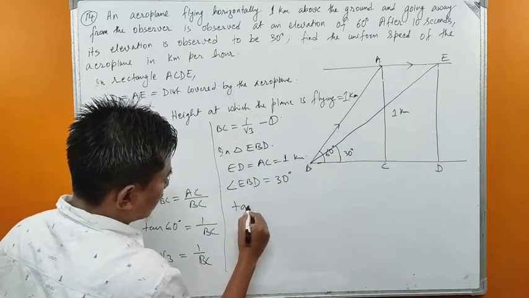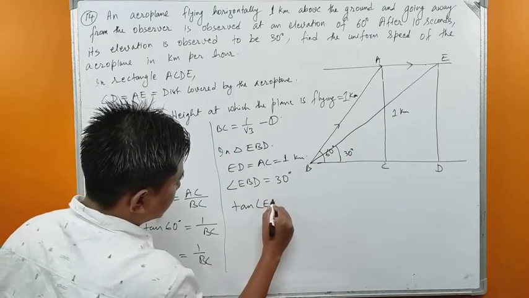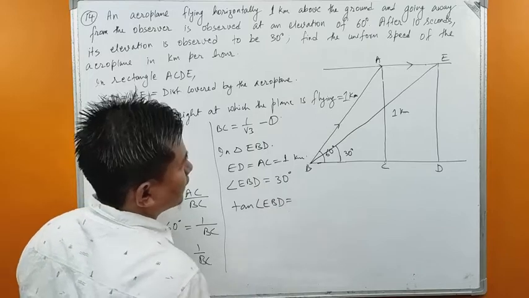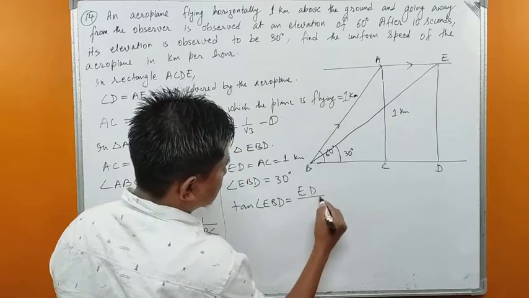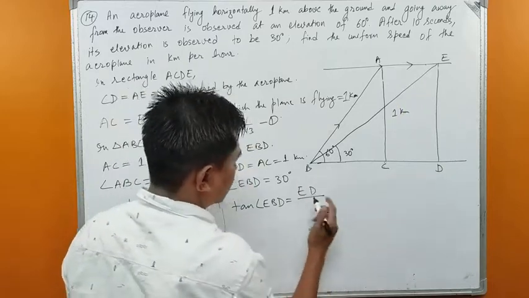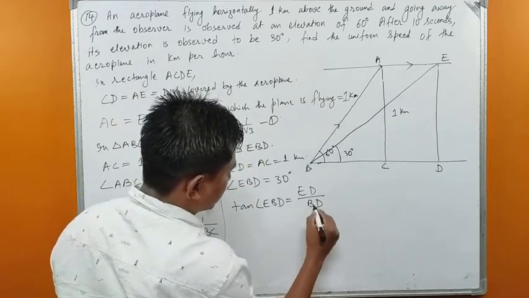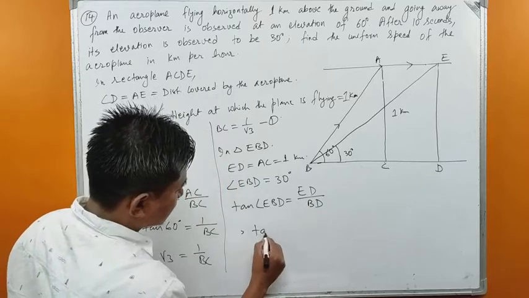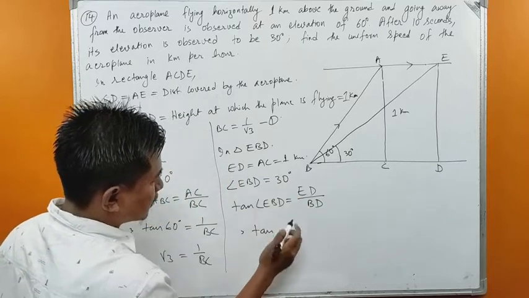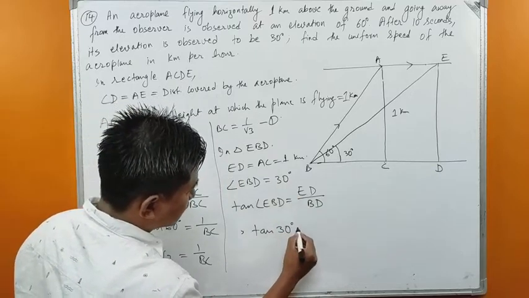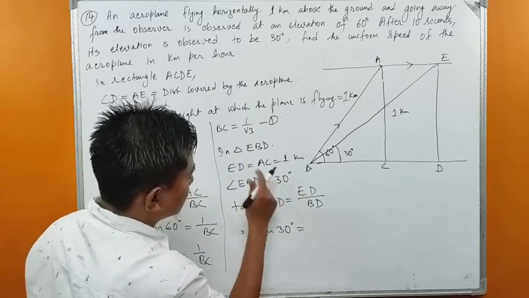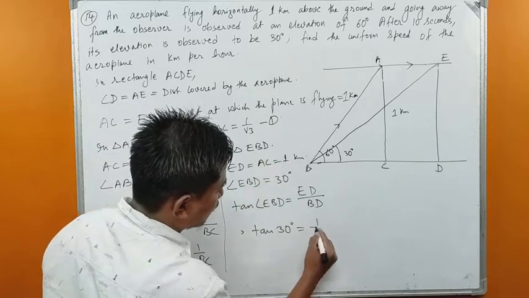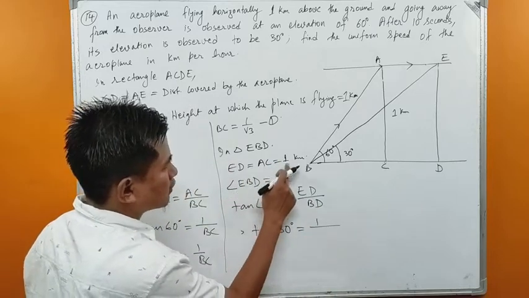So tan of angle EBD equals perpendicular ED by base BD. So we write BD here. So tan 30 degrees equals ED, and ED is AC, which equals 1. So we write 1.